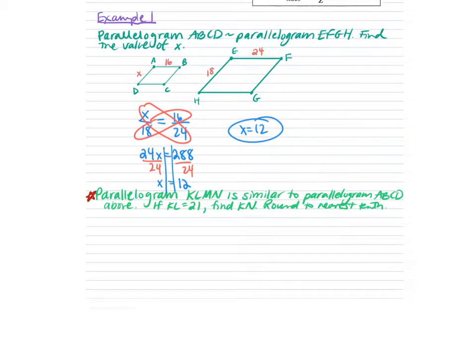Draw your KLMN, and remember, since it's similar to ABCD, you draw it just like you draw this one, ABCD, KLMN, and label it that way. KL is 21, find KN. Try that on your own, and then check back for the answer.